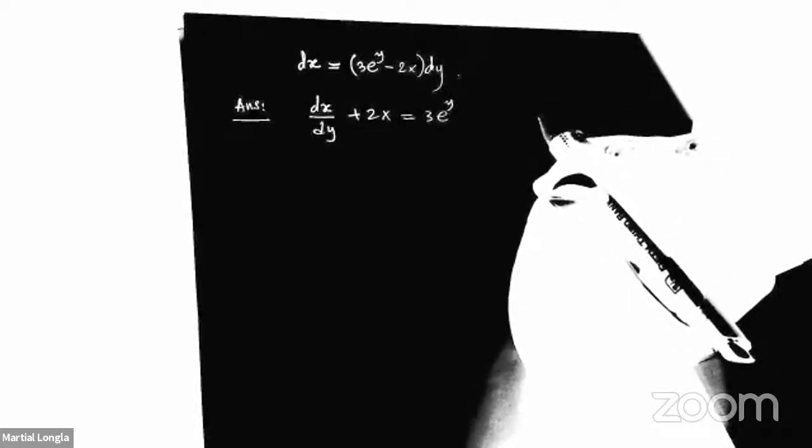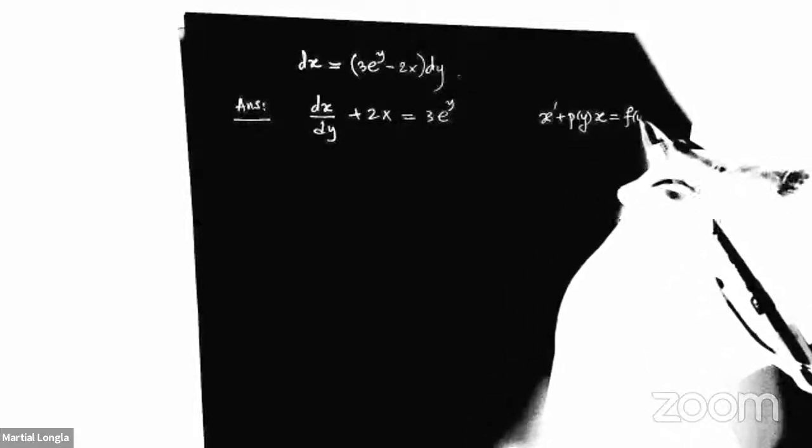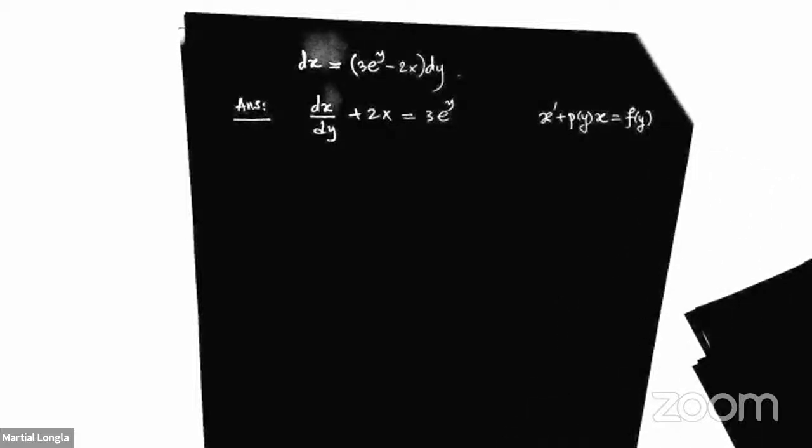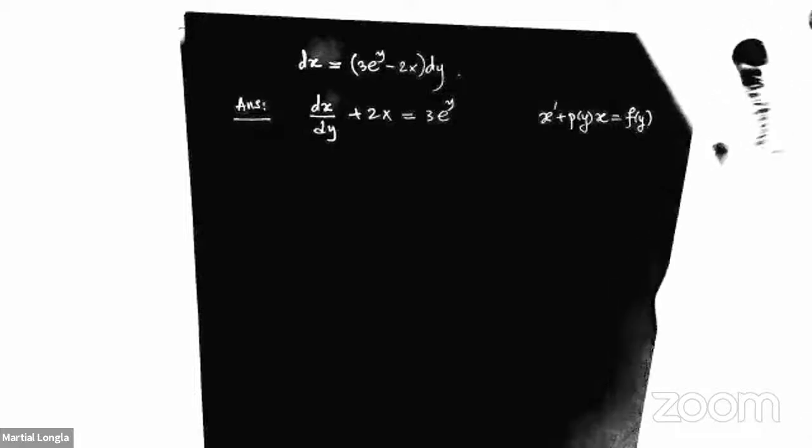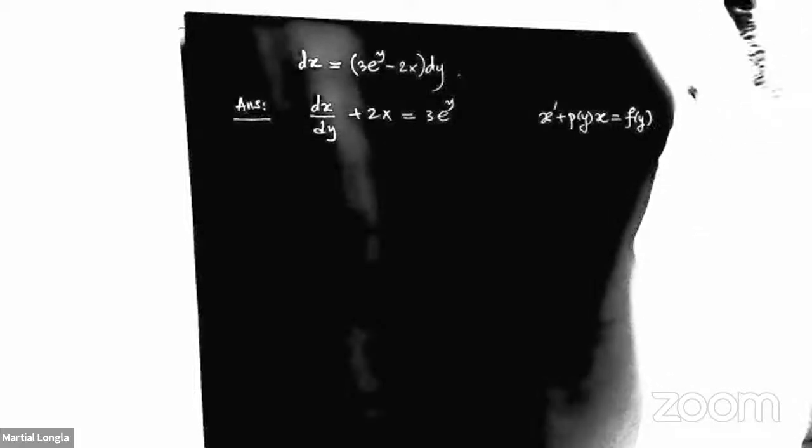That gives you x prime plus p of y x equals f of y. So the equation just flips. And now the function you're looking for is x of y. And that's one of the types of problems that we have.